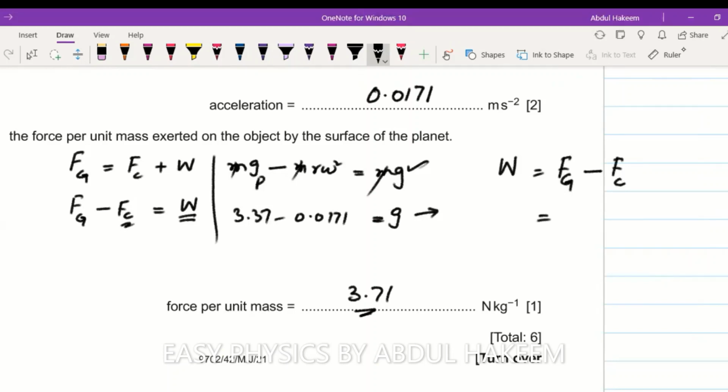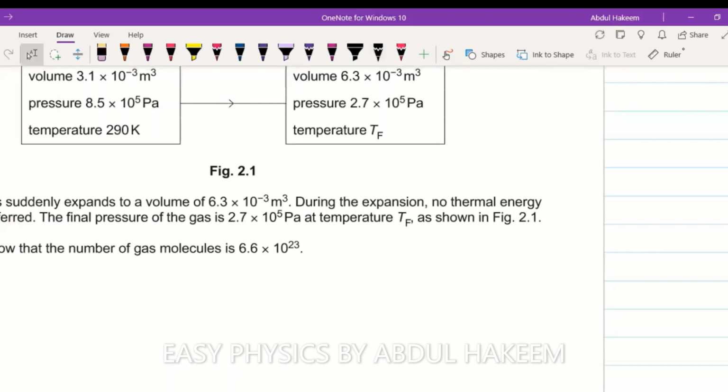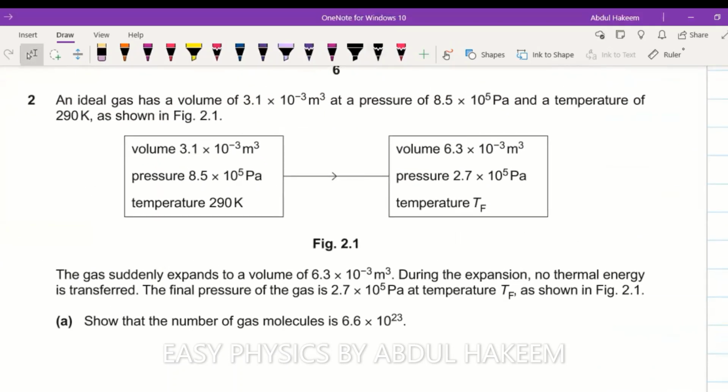So we have calculated g at the surface, minus m times the centripetal acceleration, and this is equal to mg, so the m's cancel. So this is actually g, which is the gravitational field strength, meaning the force per unit mass on the object due to the planet.